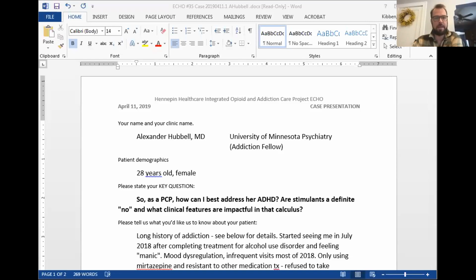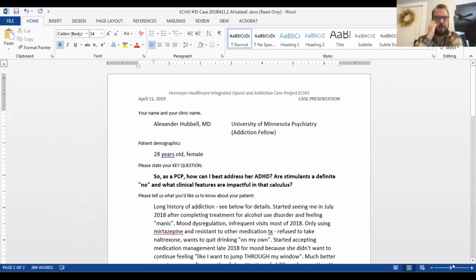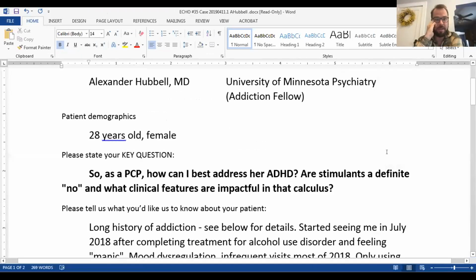So I have an interesting case that came out of my clinic, and I think it's a really good primary care case because it hits all the different comorbidities that we will often see in a person that is actually not doing terribly. The best part of her experience has been with her substances, and everything else has been kind of not going well.